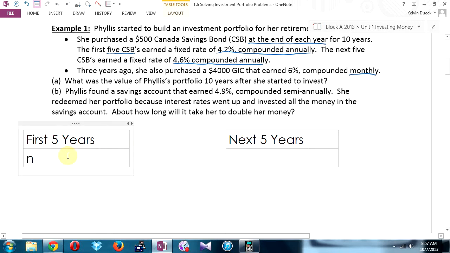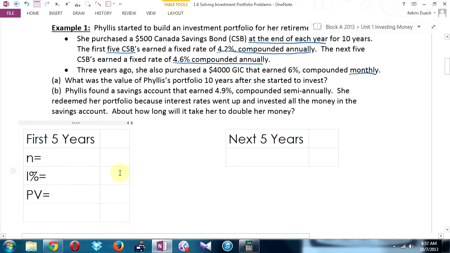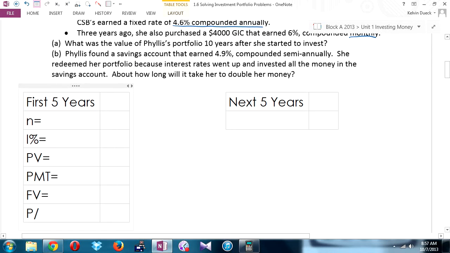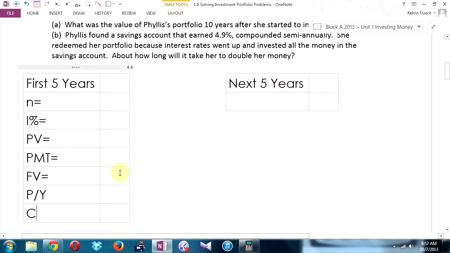The first thing we want is N, and the next thing we want is I%. The next thing is PV, and then payment and FV, and then payments per year, and then compound periods per year. Is that right?